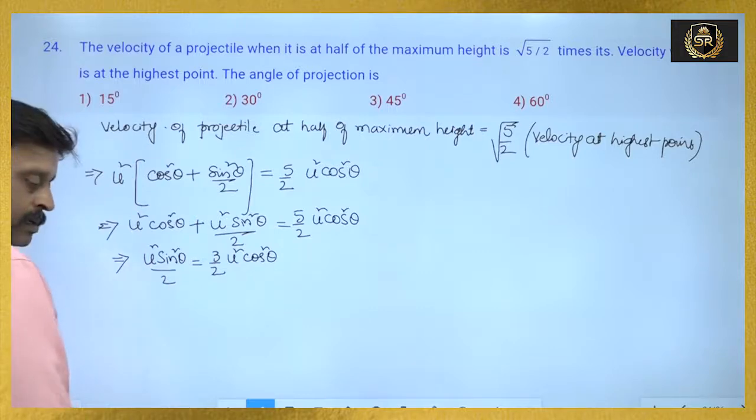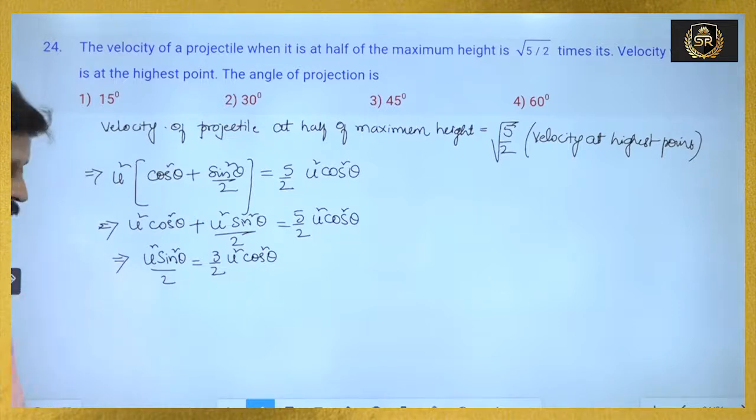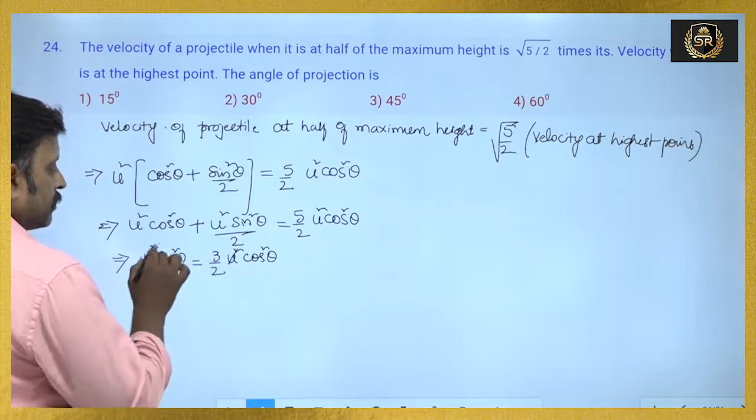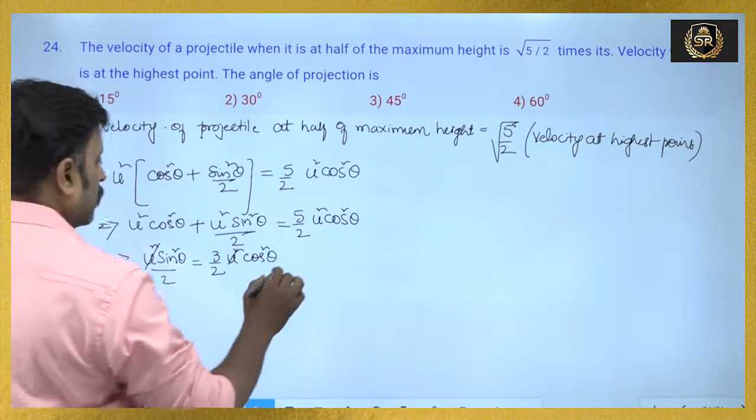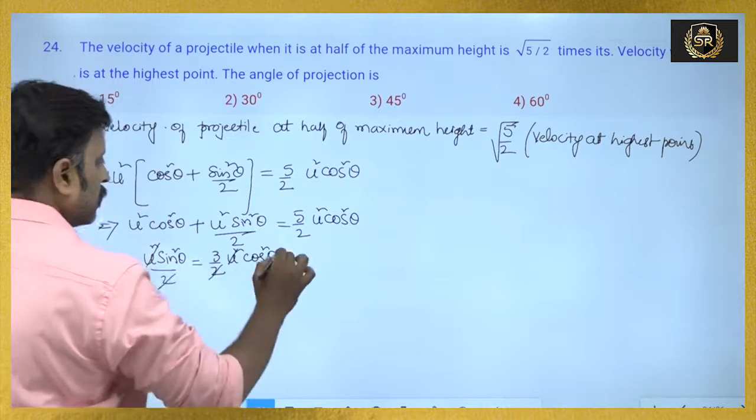Okay. So you cancel the u square on both sides. 2 also you can cancel.